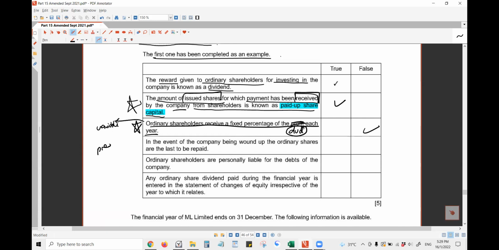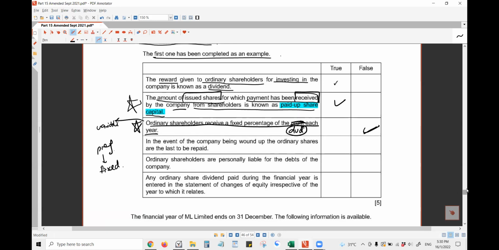It is preference shareholders who receive a fixed dividend. Straightforward, so the answer is false. It is something that I talk about in the table that compares ordinary shares and preference shares, right? Ordinary shareholders should receive a variable rate of dividend. It's not fixed every year.